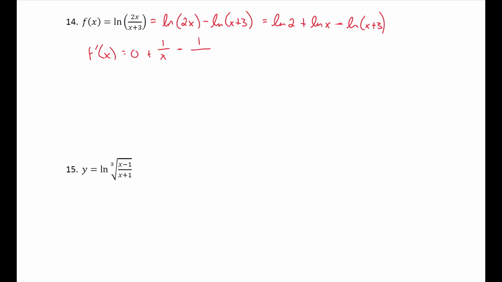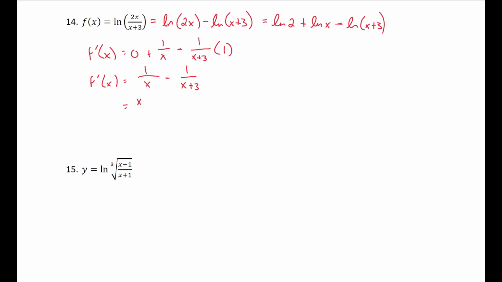So that's 1 over x plus 3 times the derivative of x plus 3, because we're using the chain rule there, because it's natural log of blah. So times 1. And then cleaning this up, f prime of x is 1 over x minus 1 over x plus 3. Now we want to get a common denominator here, which is going to be x times x plus 3.